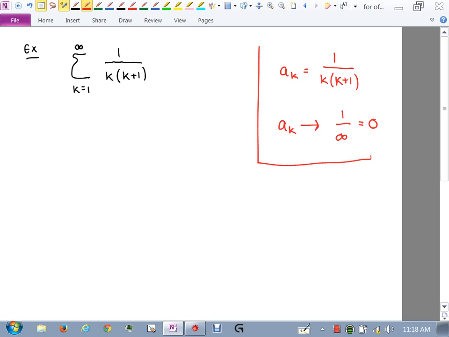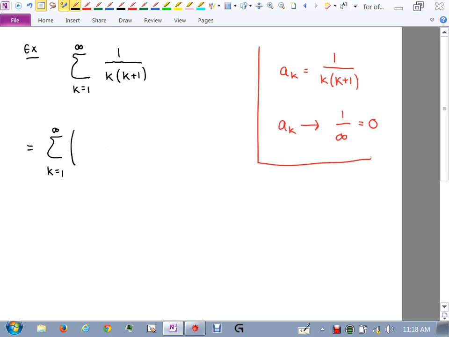But to see it, we have to be able to do something here that we may not have done in a while, but we have done it. Partial fraction decomposition. Remember we did this for integration. When you had integrals, we said we could rewrite this as a over k plus b over k plus 1. Don't remember that? You're going to have to go back and look it up. We're going to do partial fraction decomposition to get from this step to the next step, and I'm not going to show the work, but you have to realize there would be work you would have to do here.